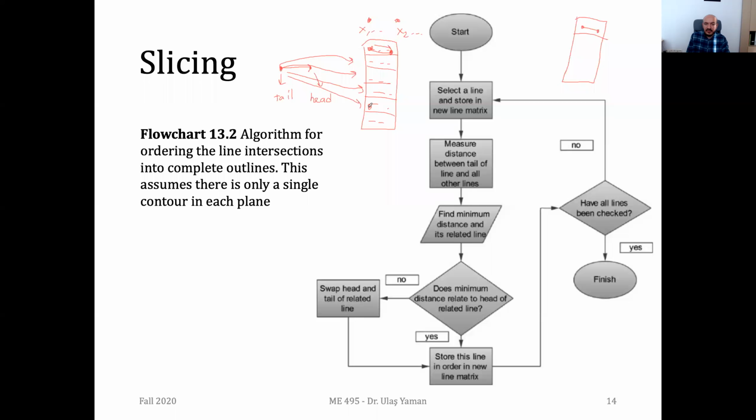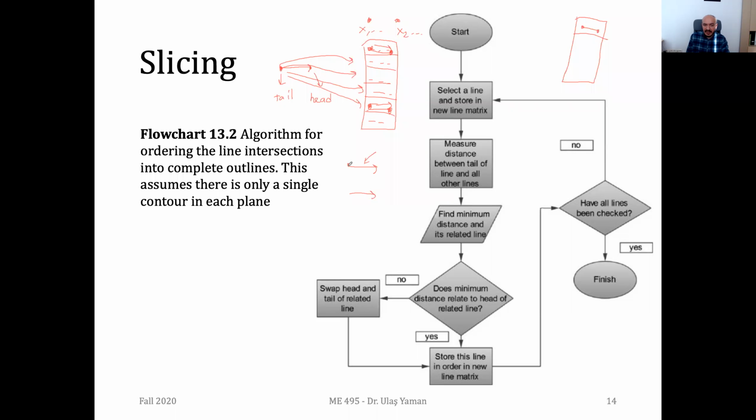After you find it, let me draw it here. Assume that we have a line segment here. This is the tail of that new line segment, and this is the head of it. If you find that, let me draw it again. This is the line segment we are working on, and this is the other one.